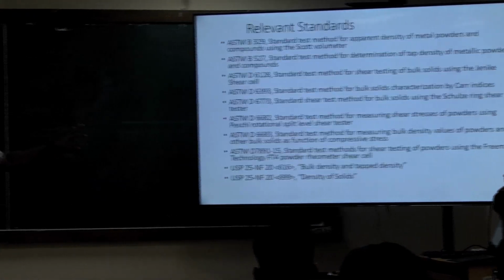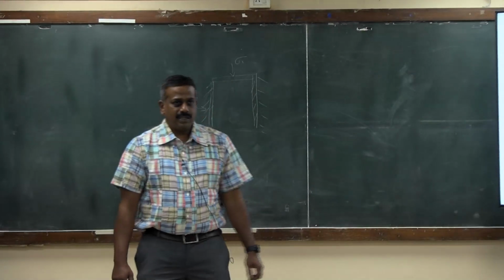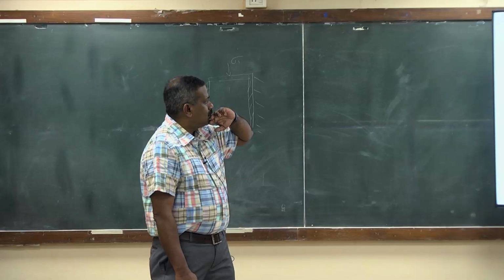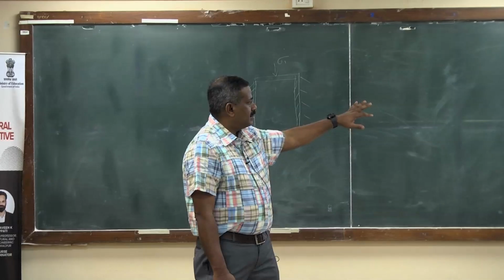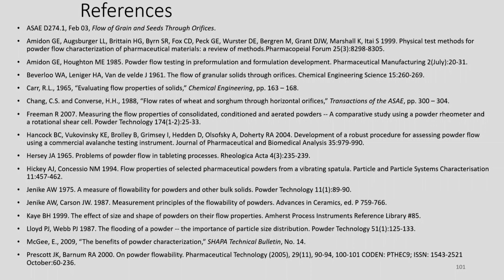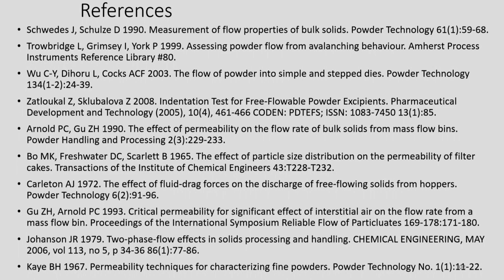There are tons of standards for powder flow measurements, ASTM, USP, etc., that you can use to calculate these. Lots of books and publications on powder flow. If you are interested in powder flow, Jenike's papers are very good.